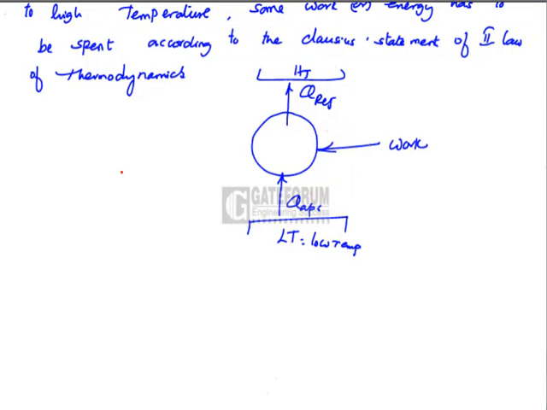Saturation temperature is the temperature at which the change of phase is happening from either liquid phase to vapor phase or from vapor phase to the liquid phase. So as the saturation pressure over the liquid is changing, respectively the saturation temperature also would change. The third point is, if you want to make the heat transferred from low temperature to the high temperature, some work must have to be spent on the system.